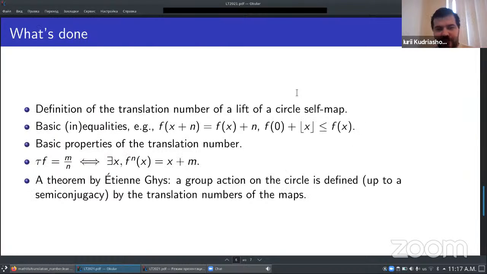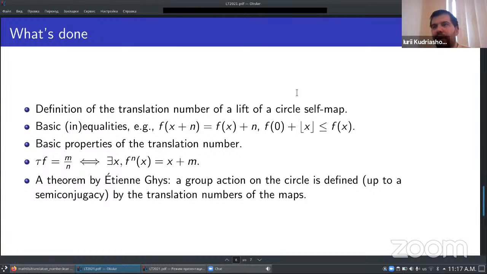Okay, now what's done? First, definitions of the lift of a circle degree 1 map, and the translation number.